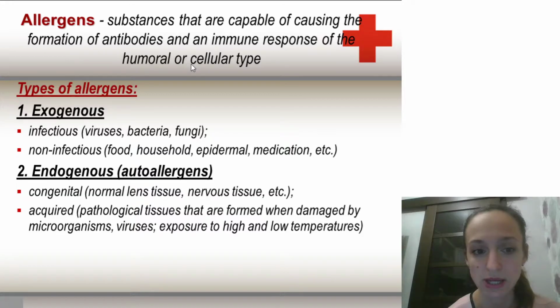The first type is exogenous, for example, infectious and non-infectious. Infectious types include viruses, bacteria, and fungi.